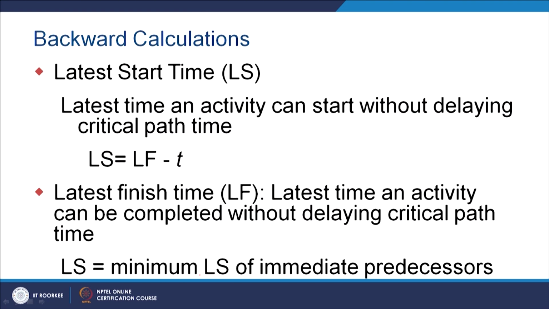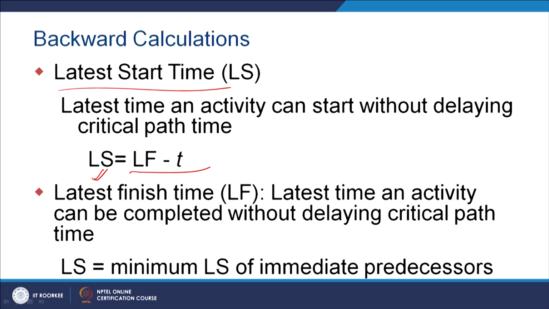To start the backward calculations, the latest start time is calculated from the latest finish time minus the time required for completing the activity, that is LS. The latest finish time is the latest time by which an activity can be completed without delaying the activities on the critical path.